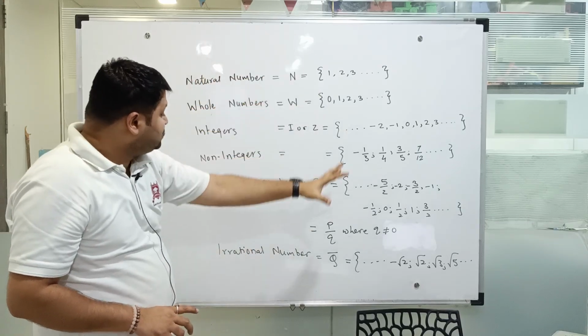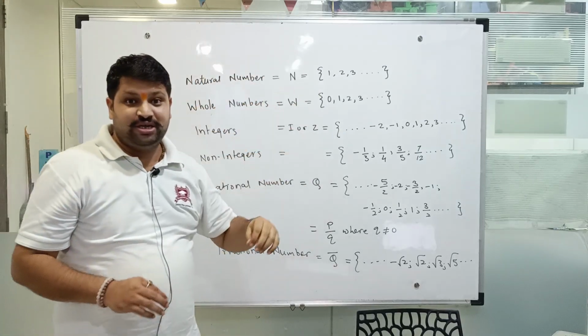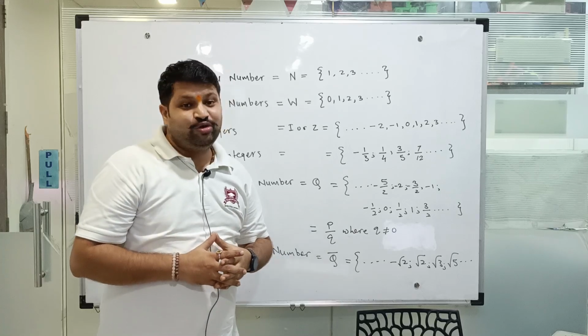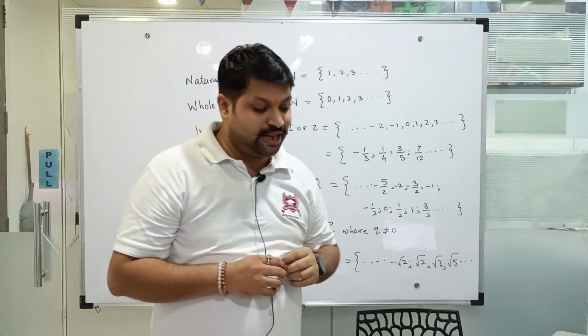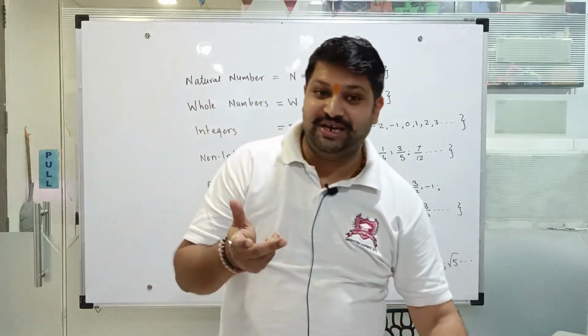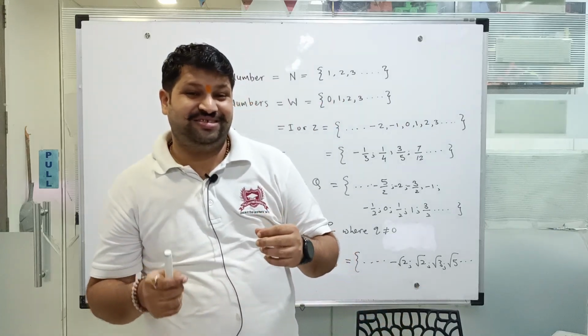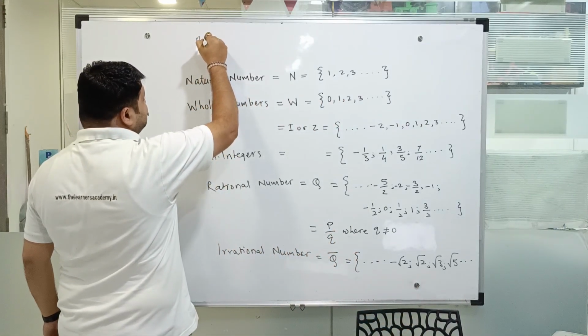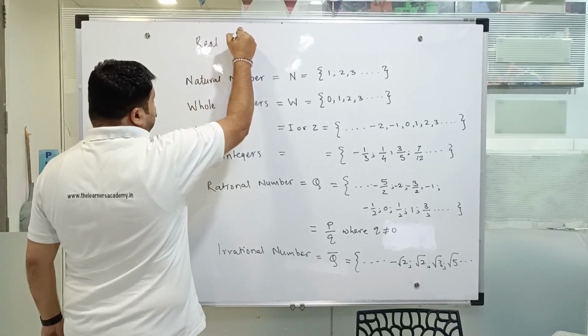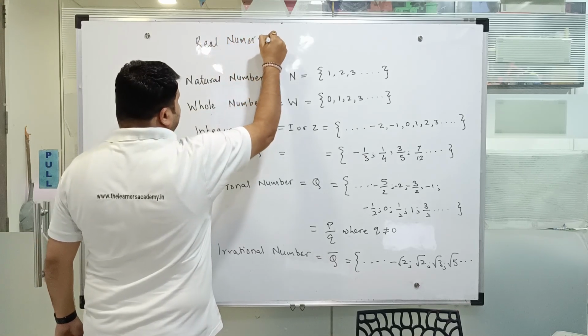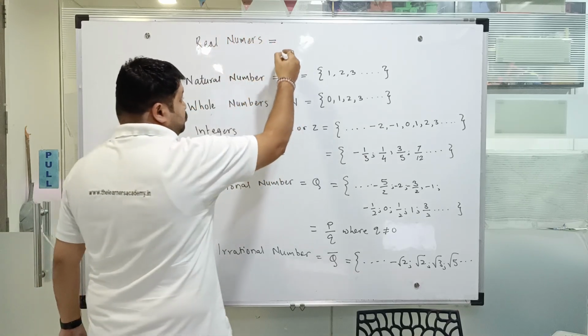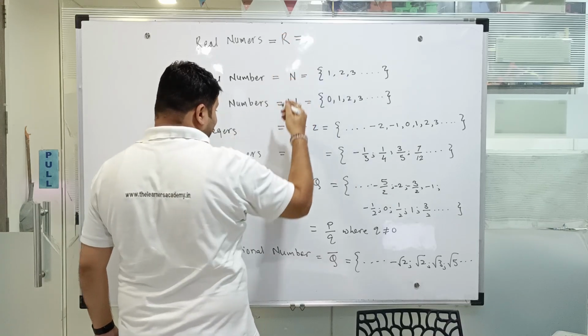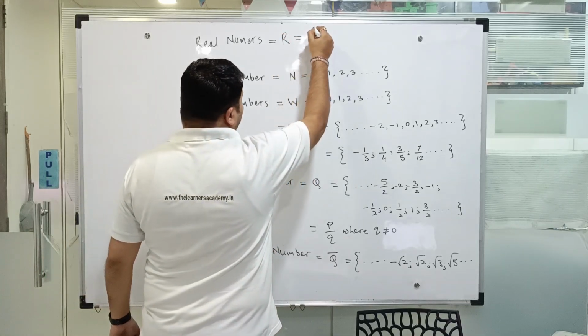Now, when all these numbers are taken together, then we call that group of numbers the set of real numbers. And this is a very funny term to call something, set of real numbers. So real numbers is defined as R, and it is a set of everything.